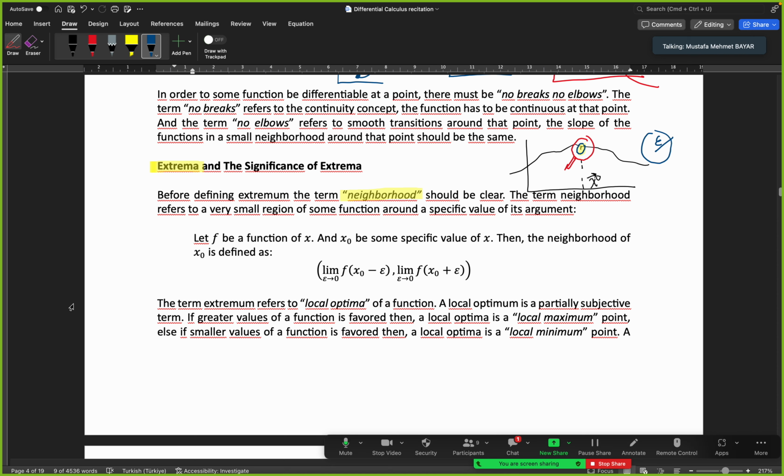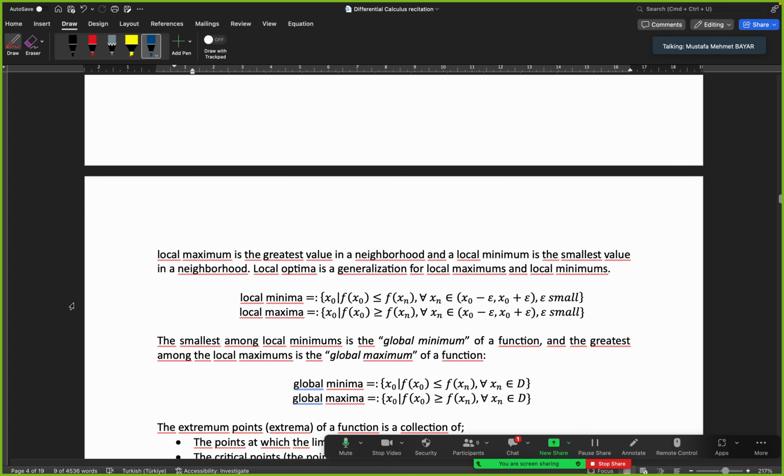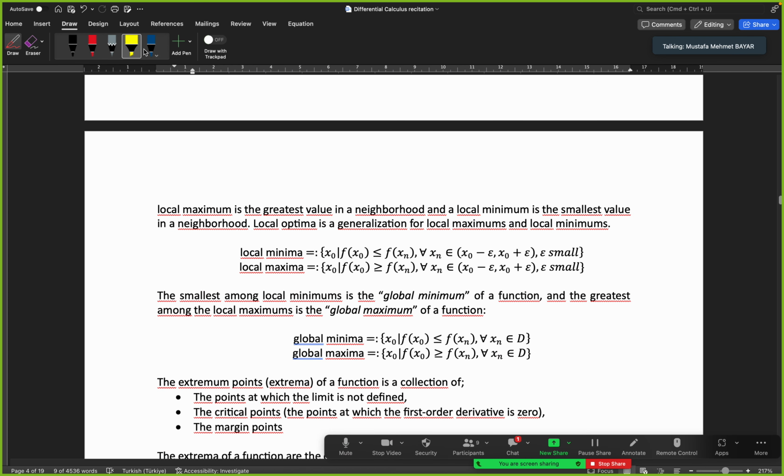Extrema are important because the extremum points are local optimas, or in other words, local maximum points or local minimum points. Let me just explain these concepts. So our current position is x0.